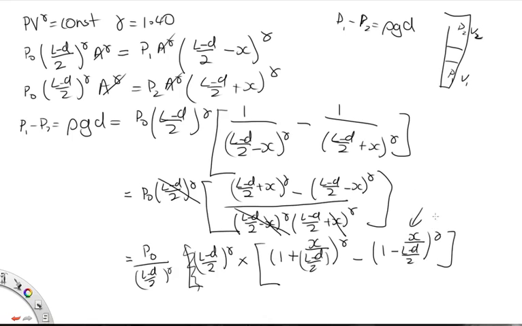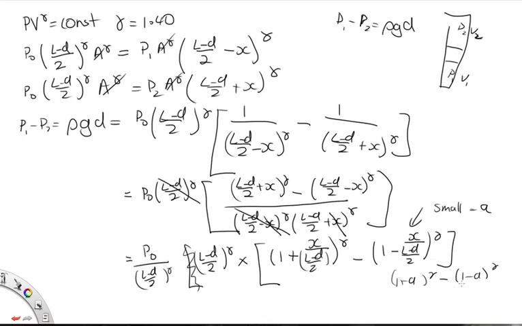Okay, now this is small, which tells us that we can actually do a Taylor series expansion of this thing. So if we let this equal, say, A, then we've got (1 plus A) to the gamma minus (1 minus A) to the gamma.